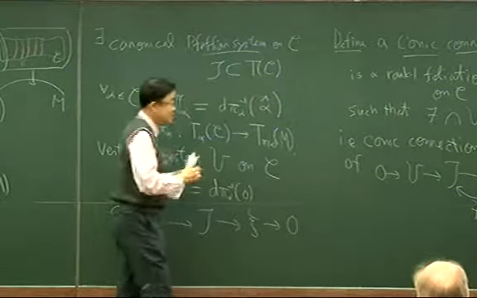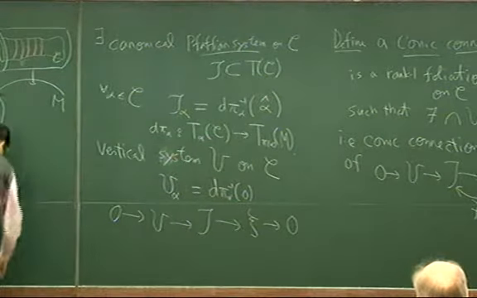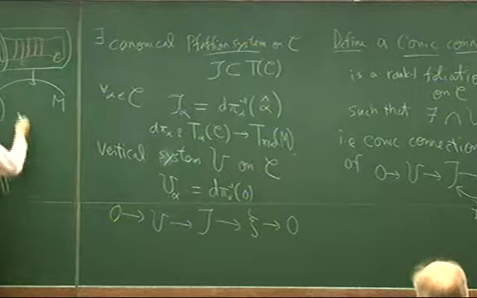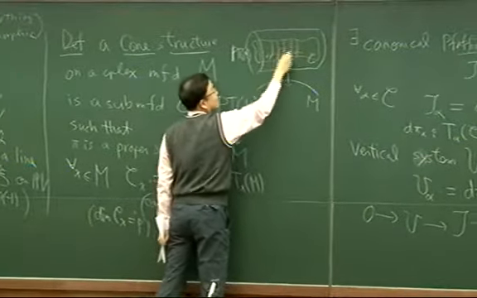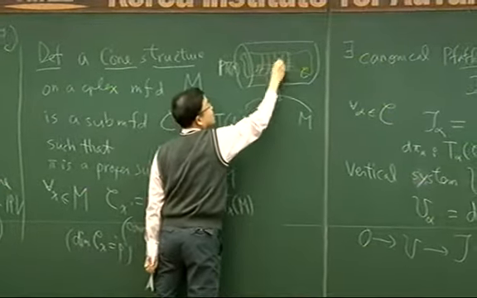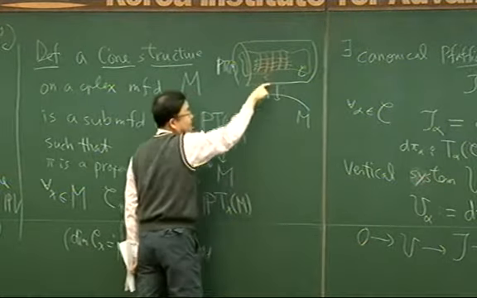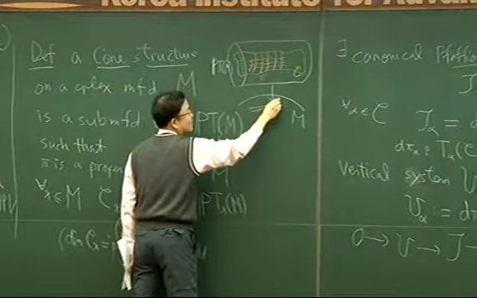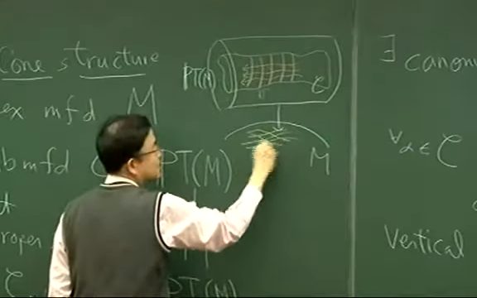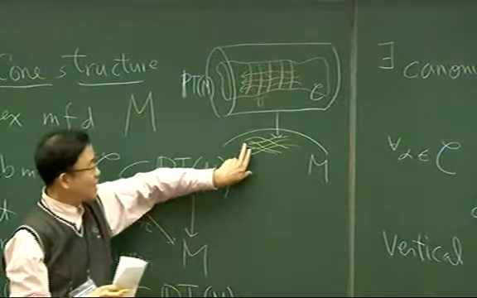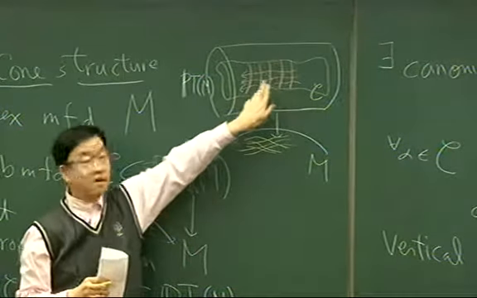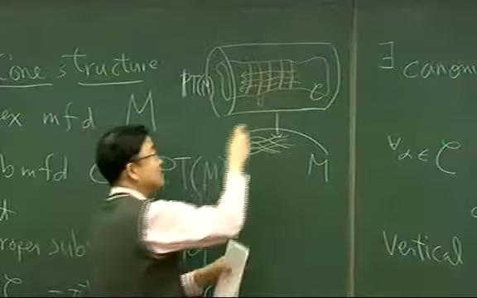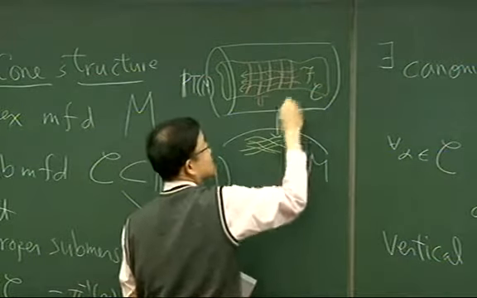But that's the definition of conic connection. And in picture, conic connection just means that you have something in the transversal direction, in such a way that its image here gives certain curves, and the tangential lifts of these curves are exactly this flow. That's conic connection.